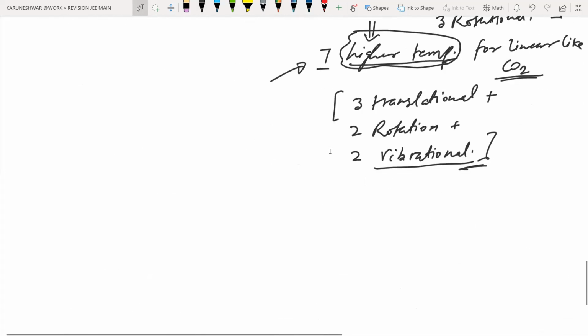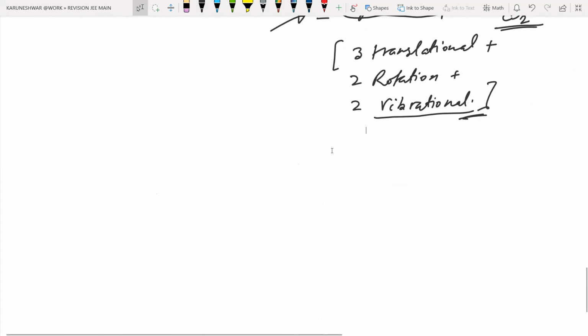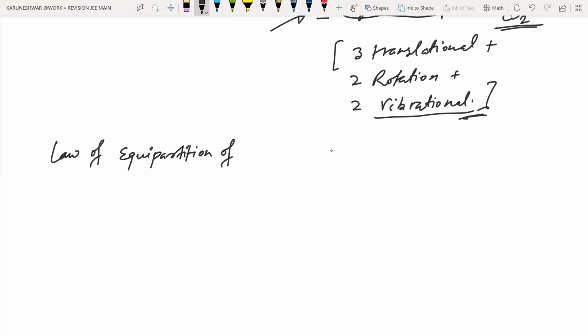And the next topic we are having is the law of equipartition of energy. What is the law of equipartition of energy?